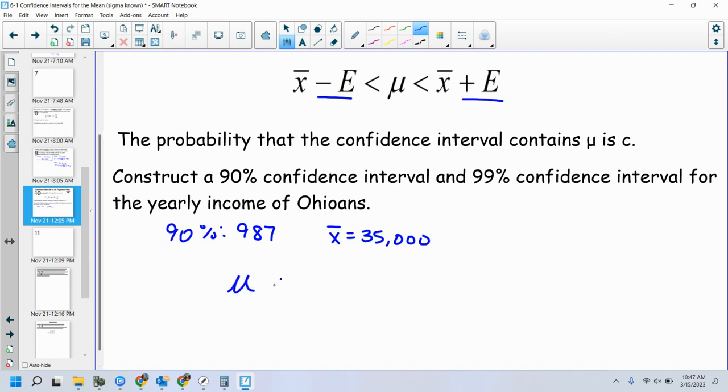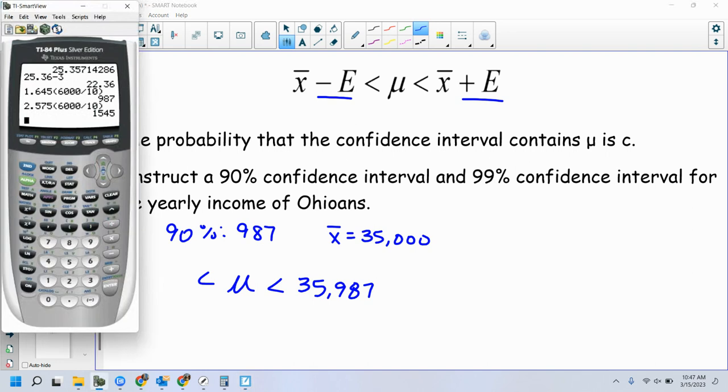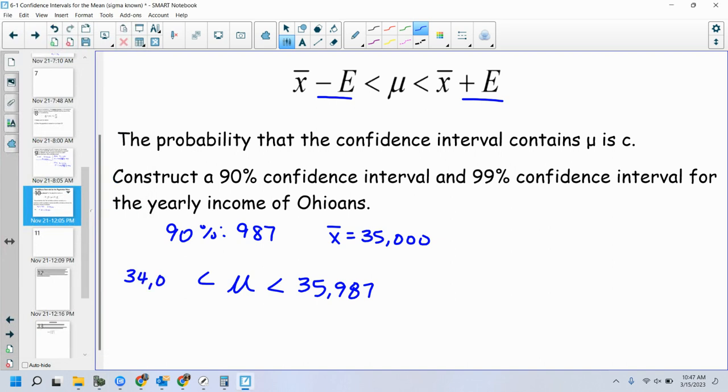So our mu should be between 35,000 plus 987, and then I've got to subtract it away, right? 35,000 minus 987 gets us 34,013. Okay. So I can say that I am 90% confident that my true population mean falls in this interval.